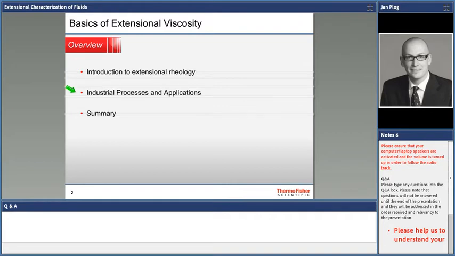Then I want to jump into different practical examples in terms of industrial processes and applications that will show you how extensional flow behavior can actually solve questions that shear and oscillatory behavior of specific samples will not be able to answer. Okay, I want to close then with a short summary.